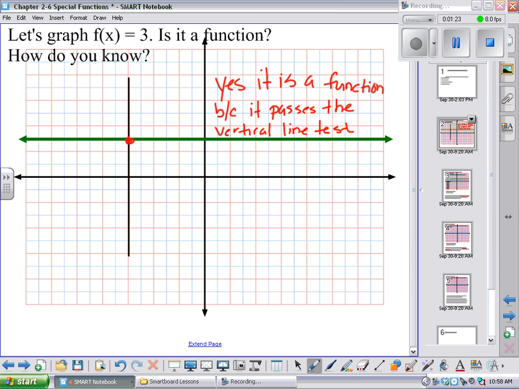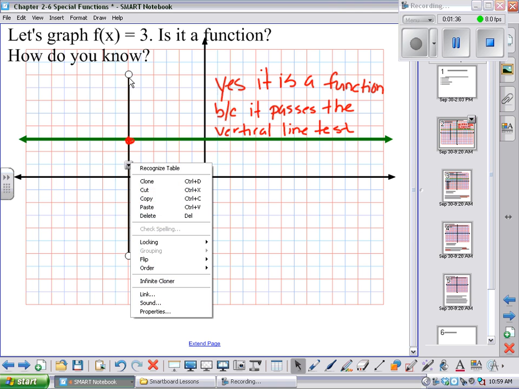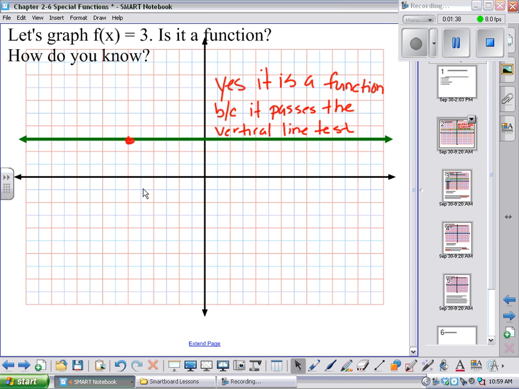Okay, but what kind of function is it? Because the line is a horizontal line, it goes straight across. Because it goes straight across and there's really no change in it, we call this a constant function.